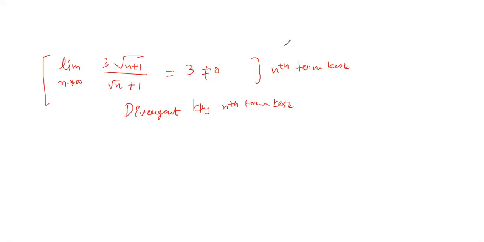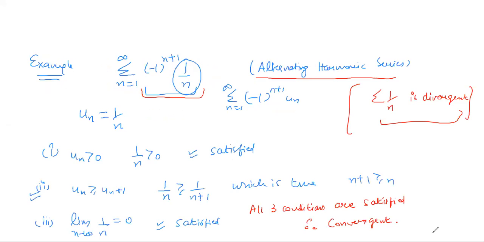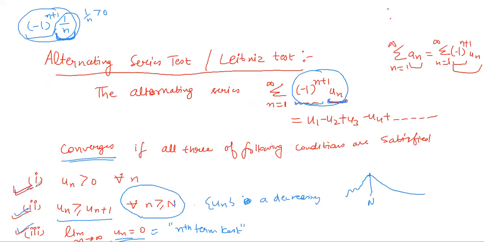You are not supposed to write divergent by alternating series test, because the alternating series test is there to tell you only the convergence. So I will now be rephrasing my statement. The test statement tells you 3 conditions which need to be verified. This one is the first one, which is most of the times trivially satisfied in almost all the examples.